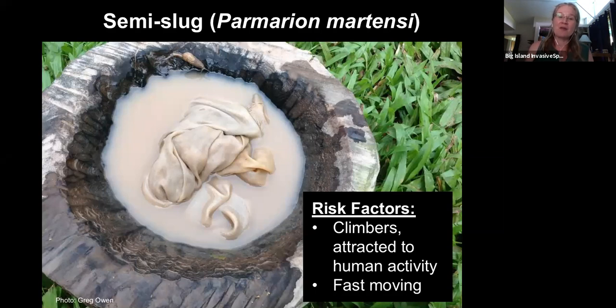But I personally live in Puna, where we have a lot of semi-slugs, and in the rainy season they will come into the house. I've had the really good experience of putting my hand on the railing to put on my shoes and putting my fingers into a semi-slug, which is one of the worst possible situations you can have. It's really not fun, but they're very fast, and they just come out of nowhere and come towards humans. And so that's really unusual for a slug or snail.